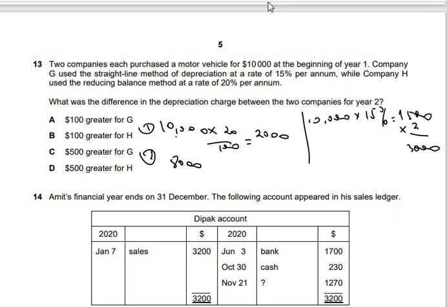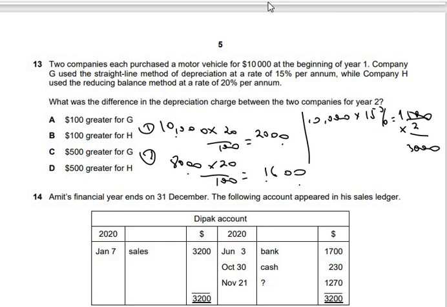So 10,000 minus 2,000 the depreciation times 20 over 100, which is 1,600. Right? Now, if using reducing balance method is 1,600. If you use straight line method is 1,500.